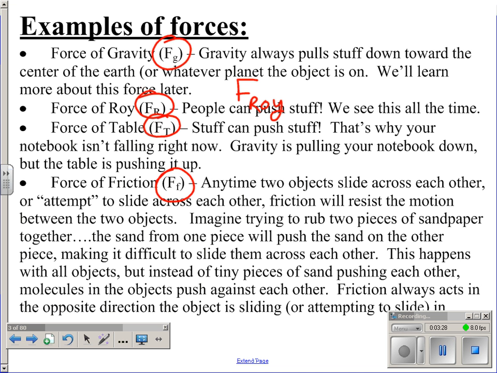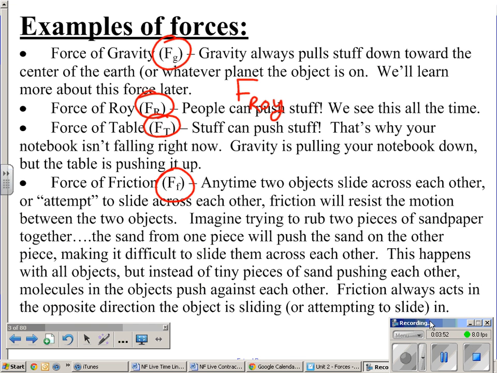If you look at an object through a microscope, it looks like sandpaper, kind of. And so if you imagine trying to rub two pieces of sandpaper together, the sand from one piece is going to push the sand on the other piece, making it difficult to slide them across each other. Friction is the same thing, except instead of pieces of sand pushing against each other, it's the molecules of the two objects that are sliding across each other. All right.